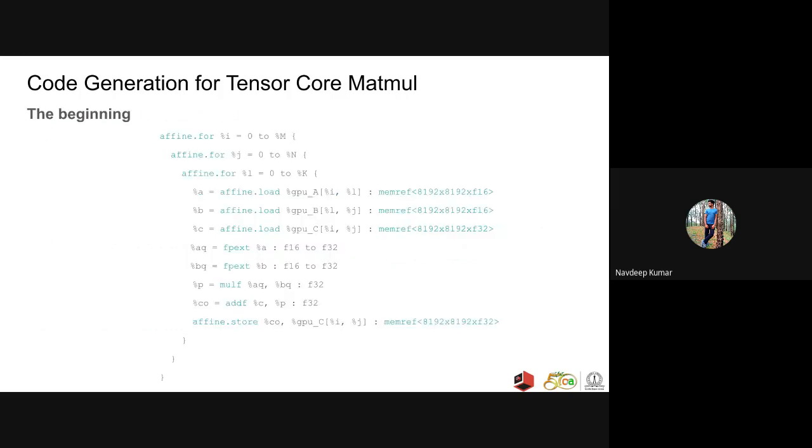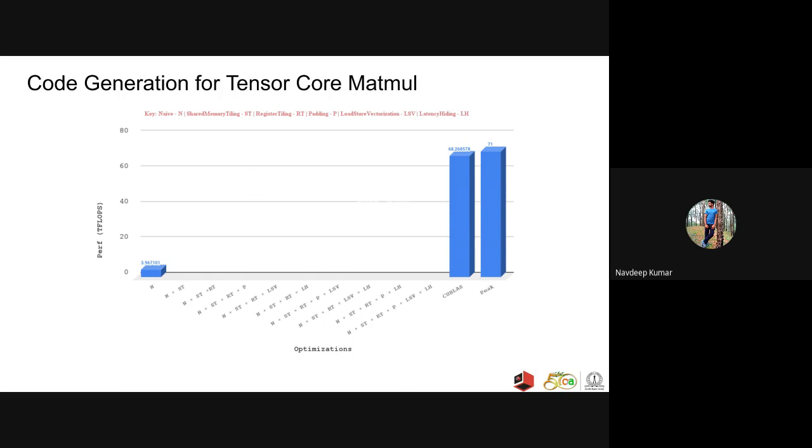Moving forward, we will take this piece of IR as the starting point for our code generation pipeline, and we'll see where this leads us. This sort of IR, when mapped to the tensor cores with each optimization turned off at this point, gives us around 3.9 teraflops of performance.